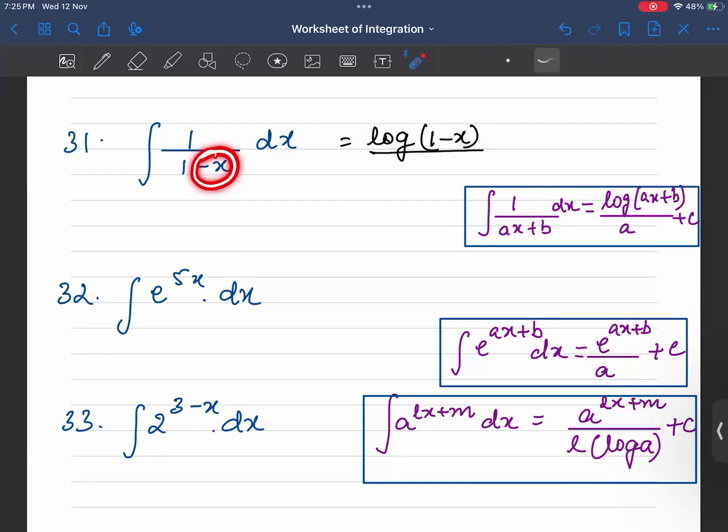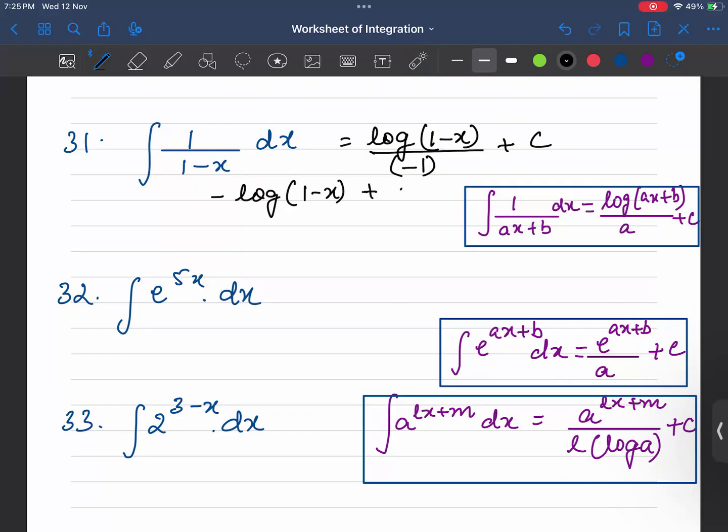Minus 1. So whatever is multiplied by x, it would be minus 1. It will come in the denominator, plus c. See, the same formula. So it is log 1 minus x, and your answer is minus log of 1 minus x plus c. I think it's clear.